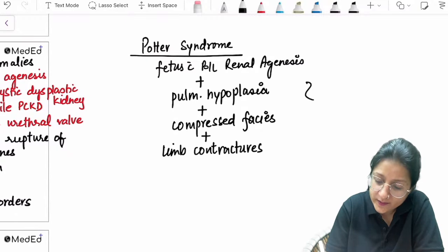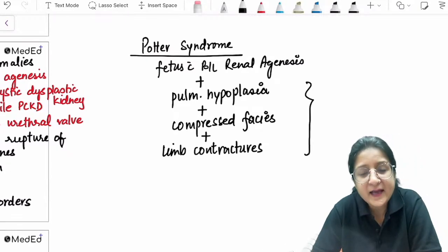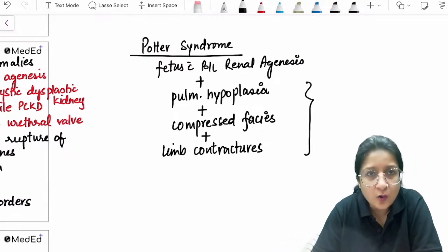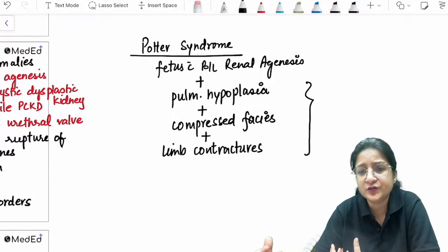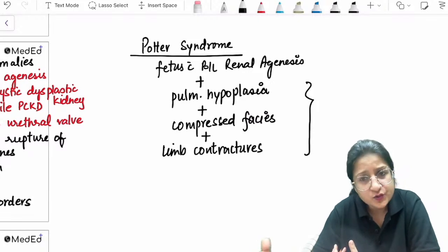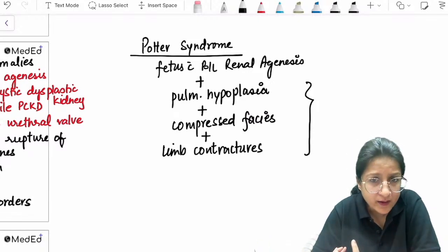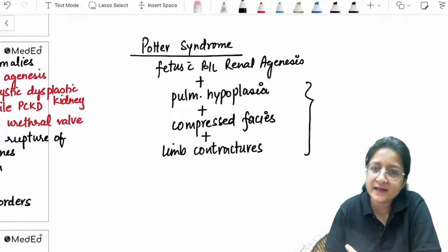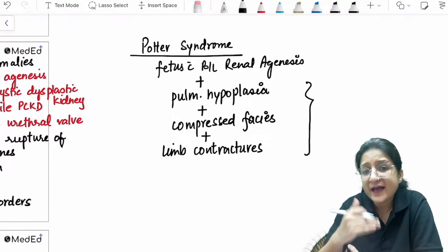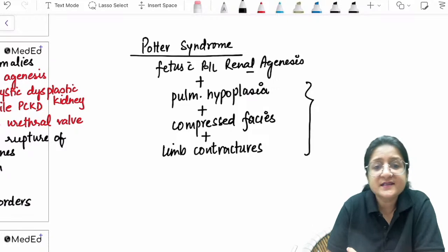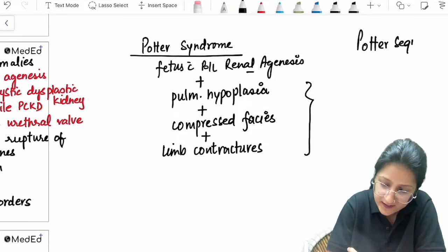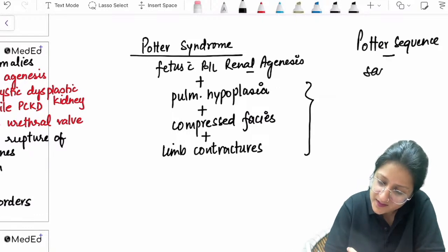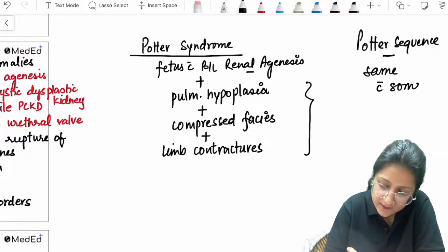Now the same sequence of events can happen because of any other cause of severe oligohydramnios early on in pregnancy. But if there is any other cause besides renal agenesis, then it is called Potter sequence. So Potter sequence is the same sequence with some other cause.